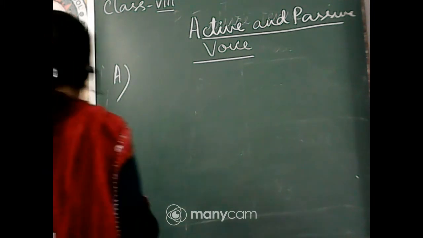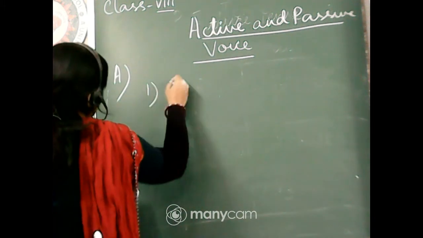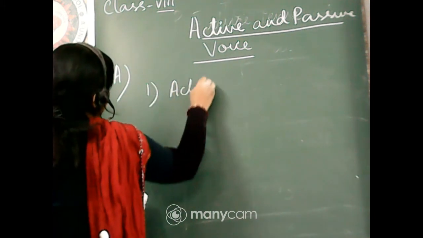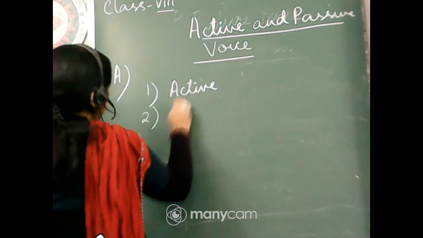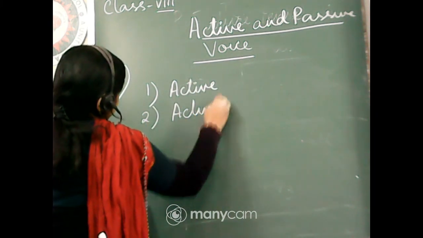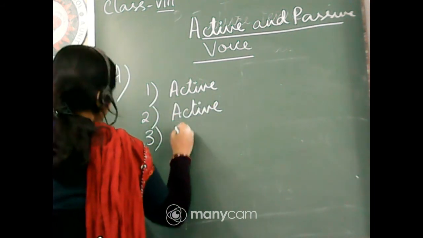Number 1 is Shoma has won a scholarship, obviously. Active voice. Number 3 will be passive.